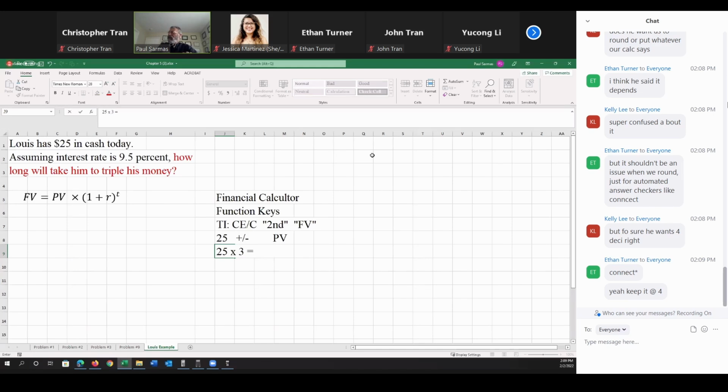That's your future value. At 9.5% interest, the question is asking, how long? Compute N.